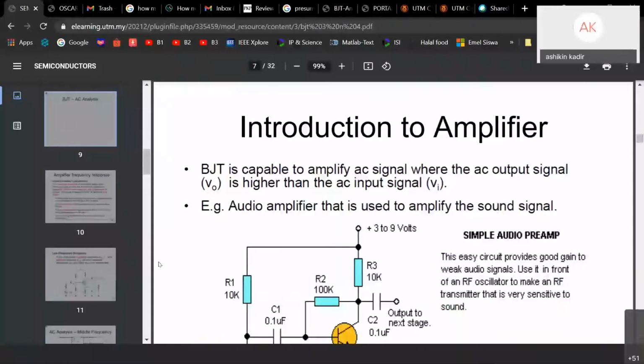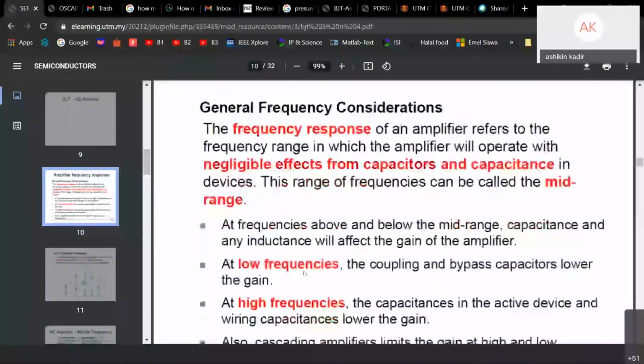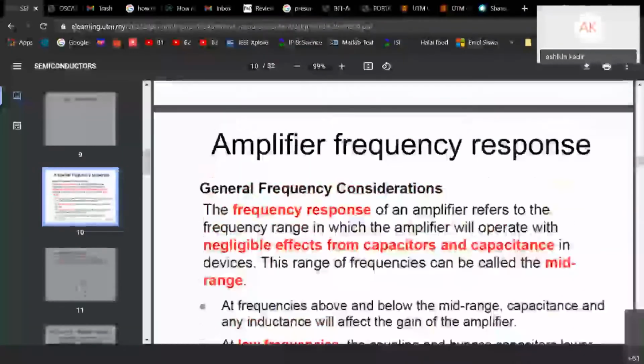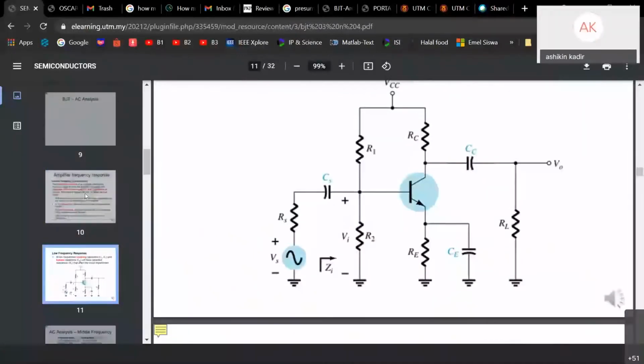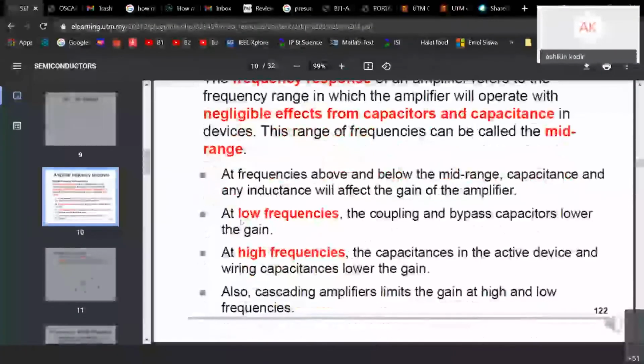Remember for your AC analysis, you will have the mid range, and at the middle range, what we did just now is we want to determine the gain.